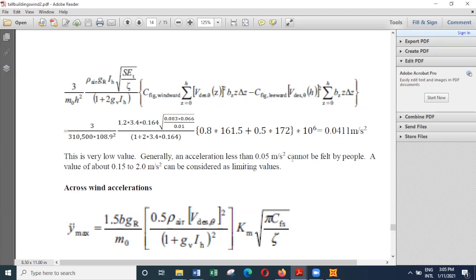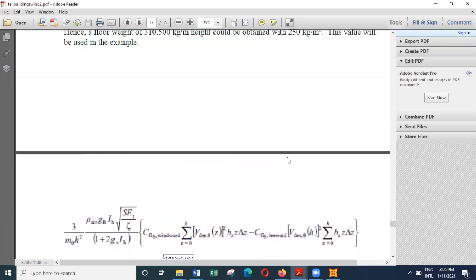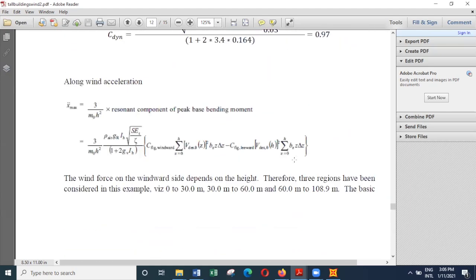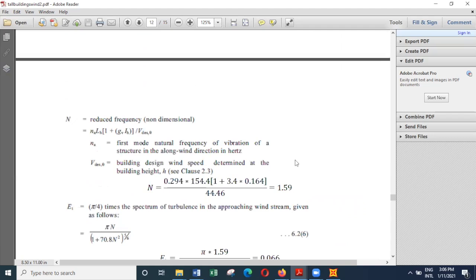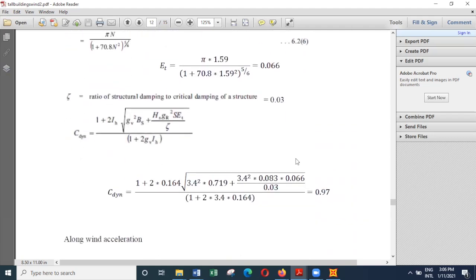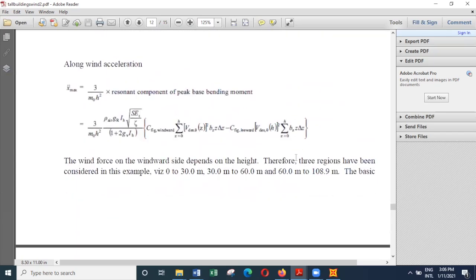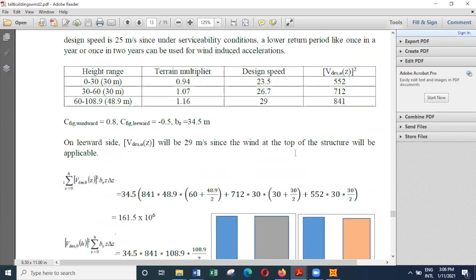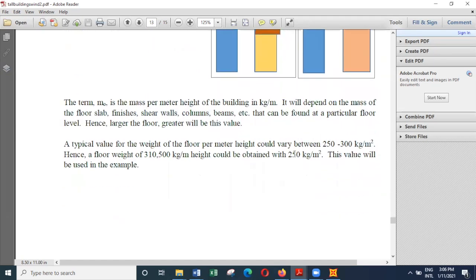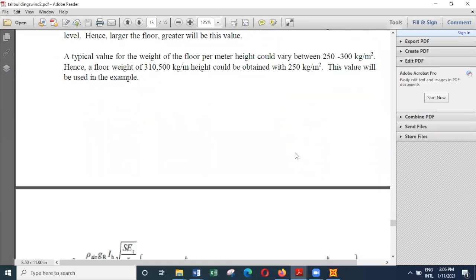So basically, this is the way that we calculate the along-wind acceleration. So first we calculate these parameters in the along-wind direction for the wind speed that is applicable to us. And that is the mistake that I have done, because some of the values are dependent on the wind speed that I have not recalculated.